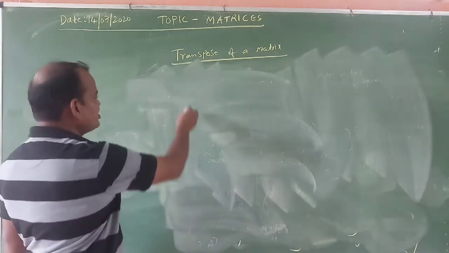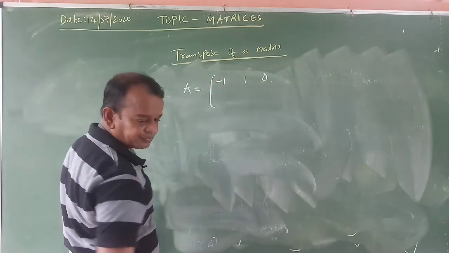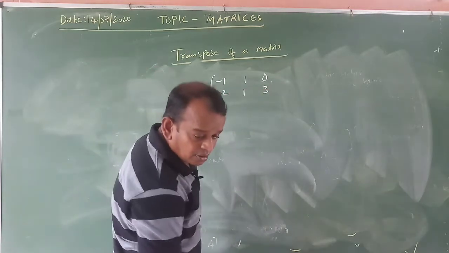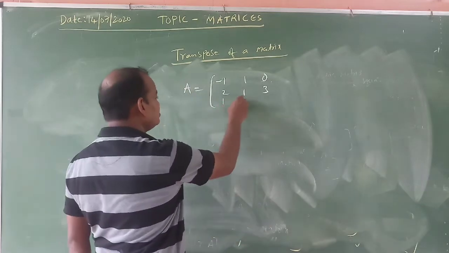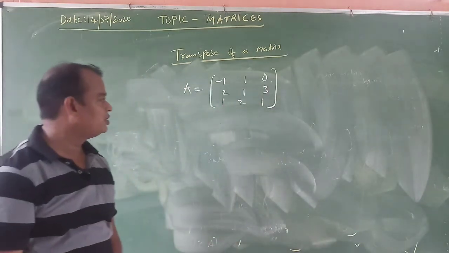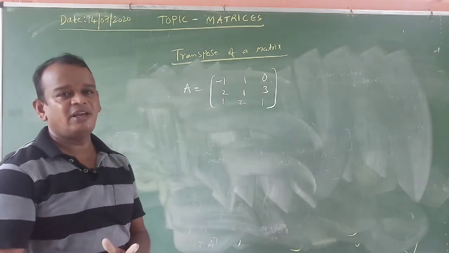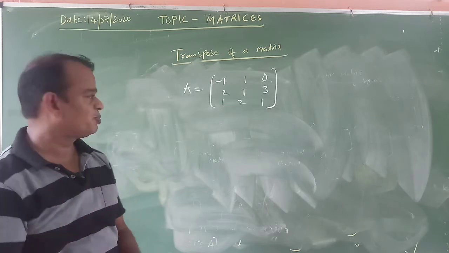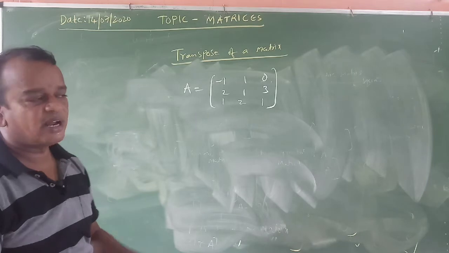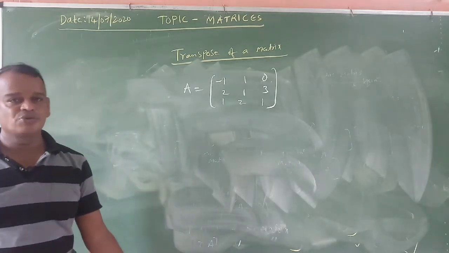Suppose A is equal to minus 1, 1, 0, 2, 1, 3, 1, 2, 1. This matrix can be uniquely expressed as the sum of a symmetric and a skew symmetric matrix.